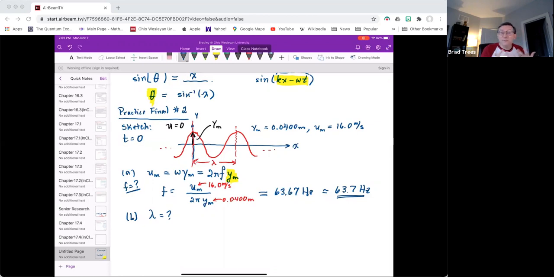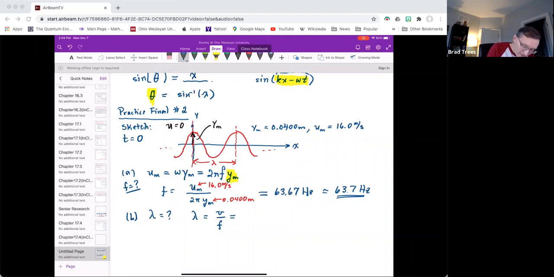Well, I need relationships that I know about sinusoidal waves. This one, the most direct one, is the one that relates wavelength to speed and frequency f. It's that simple little formula. Wavelength in meters equals speed of wave in meters per second over frequency in hertz or per second. And I know all those things on the right-hand side.